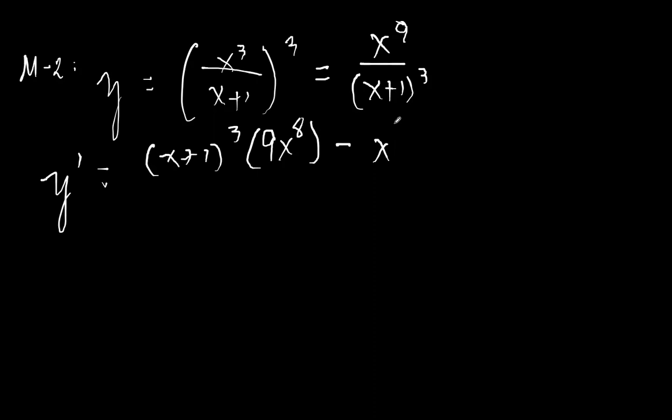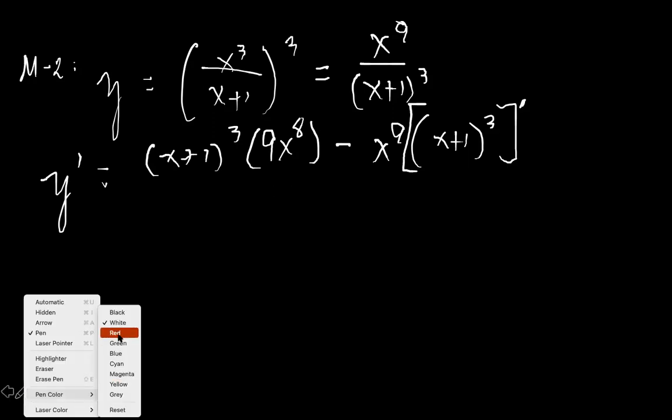That's x raised to 9, high d-low. So that's the derivative of x plus 1 cubed. There we go. So we need to differentiate this. Okay, again, we are still differentiating the second factor of the second term.